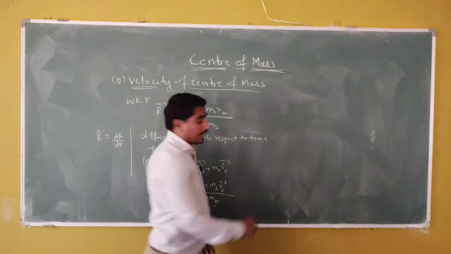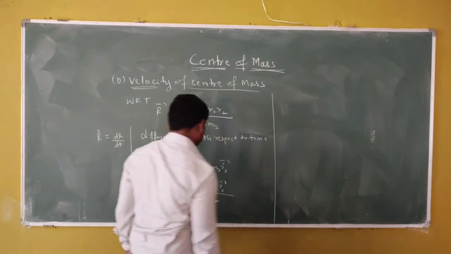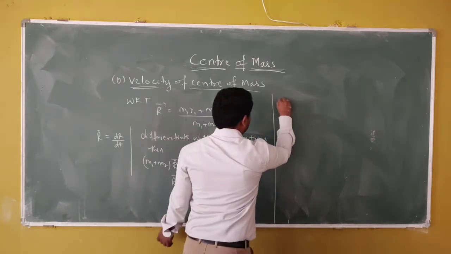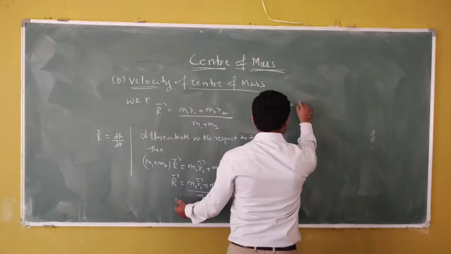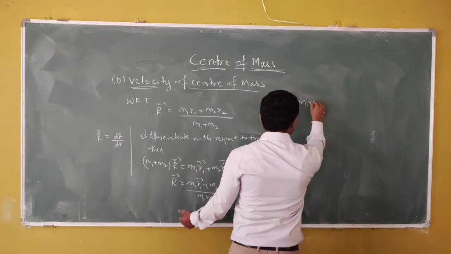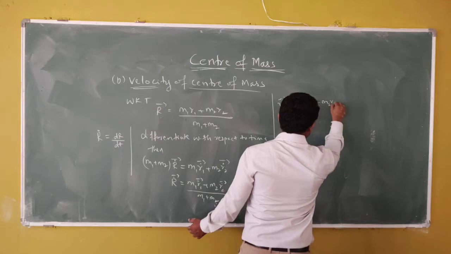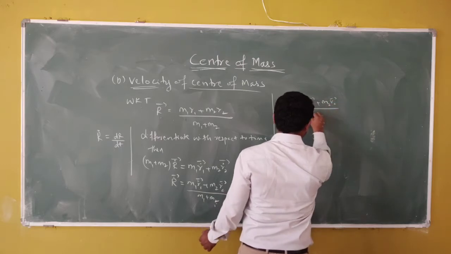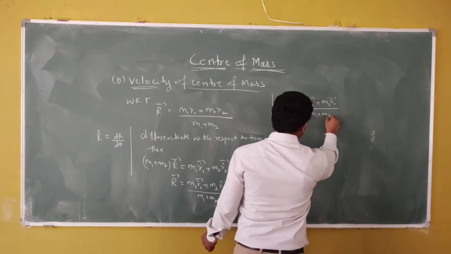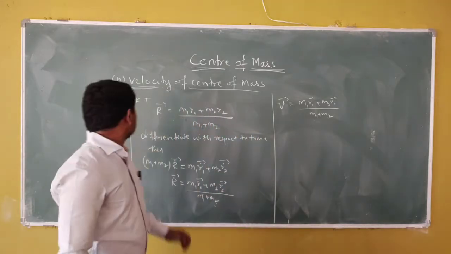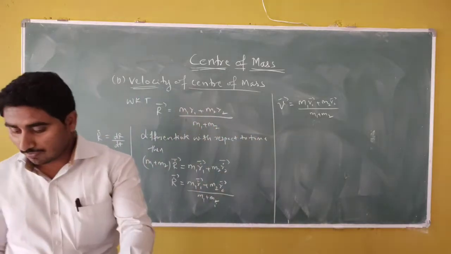Or we can write V equals m1 small v1 plus m2 small v2 divided by m1 plus m2, and this is the velocity of the center of mass.